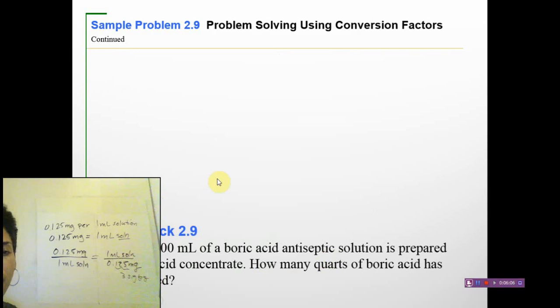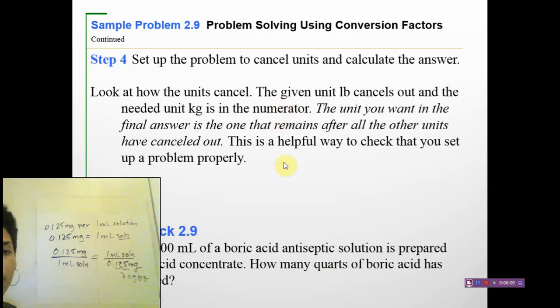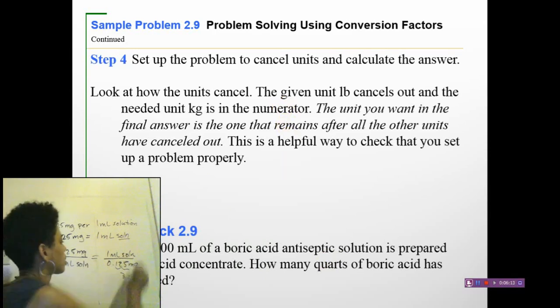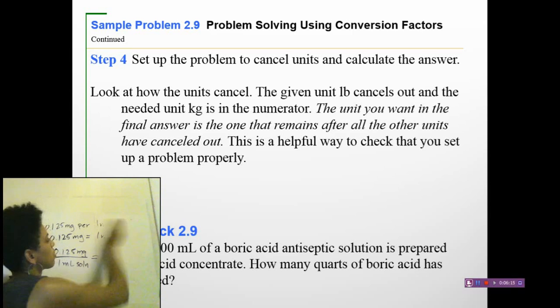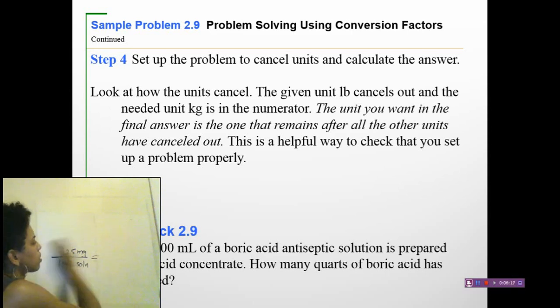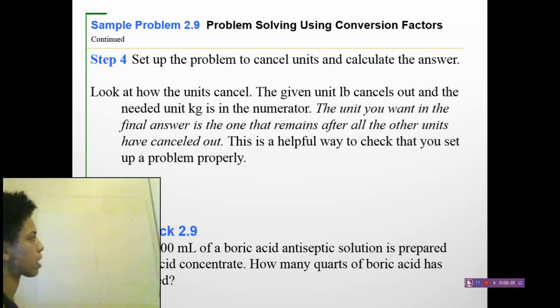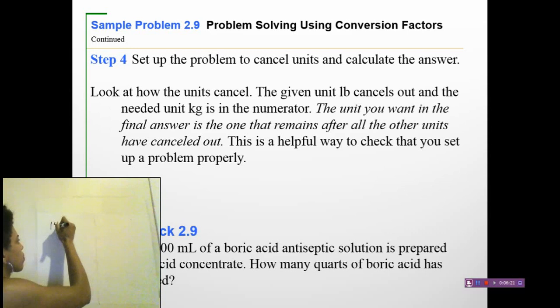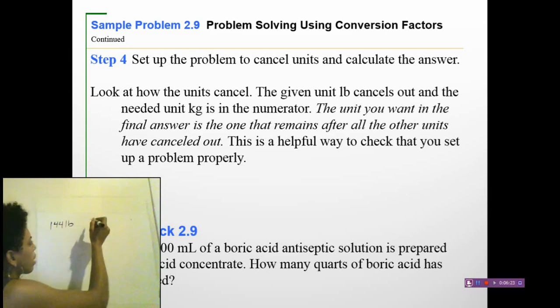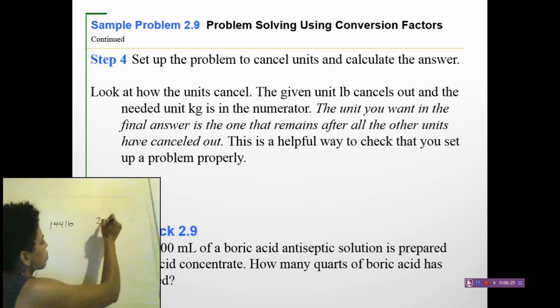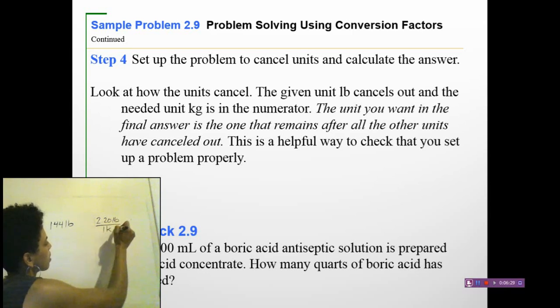Now we're going to solve our problem and cancel out the units that we don't need. It says that Greg is 144 pounds, and we know that there are 2.20 pounds in 1 kilogram.